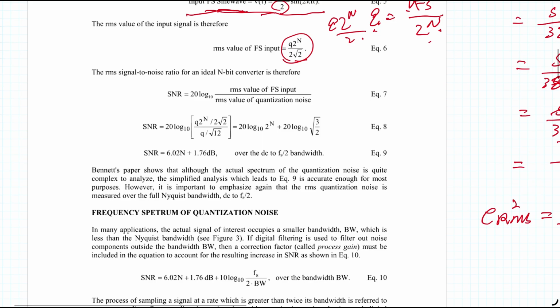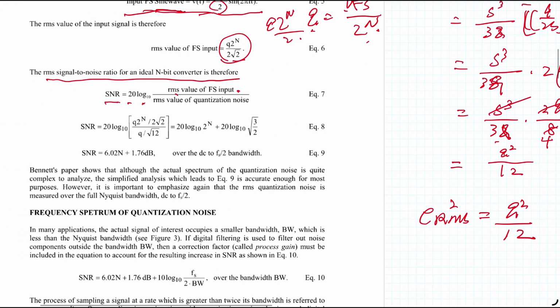And by definition, remember the signal to noise ratio definition for an n-bit converter: SNR equals 20 times the log of the RMS value of the full scale input divided by the RMS value of the quantization noise. Remember, the signal to noise ratio is always calculated with the RMS value, because RMS basically has the meaning of power.